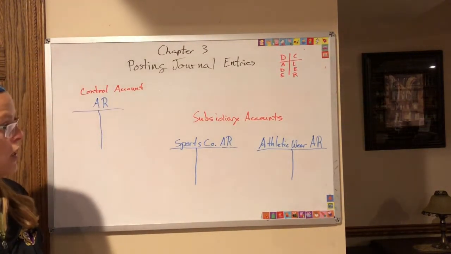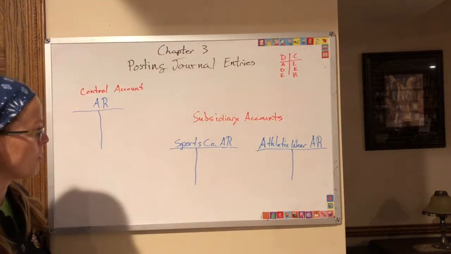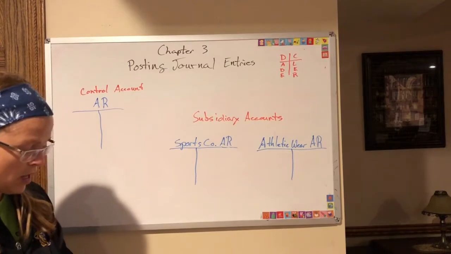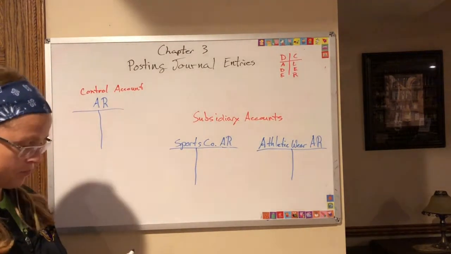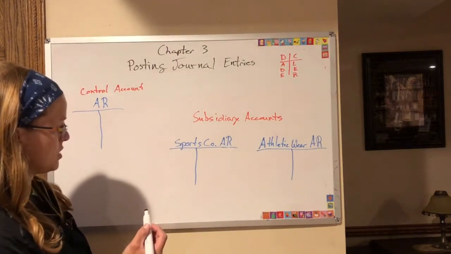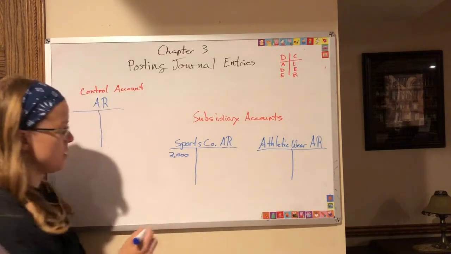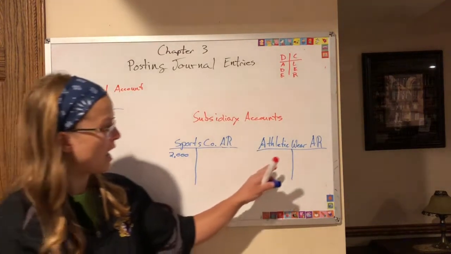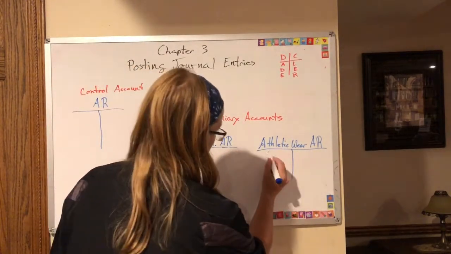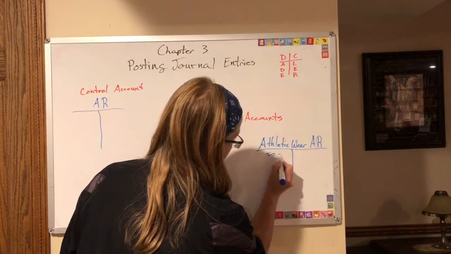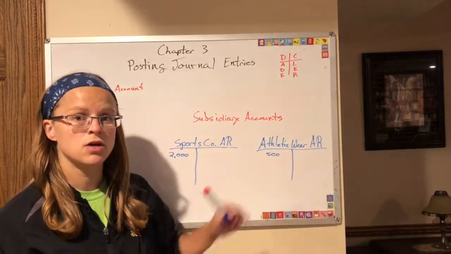So if we're Ann's company, Greater Athletic Performance, and we know that Sports Company owes us $2,000, and that Athletic Wear owes us $500, they purchase things on account, these two companies.